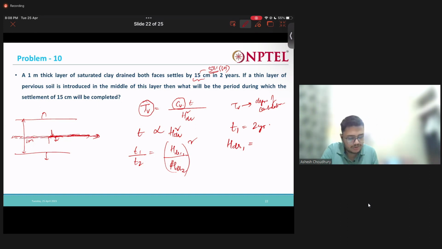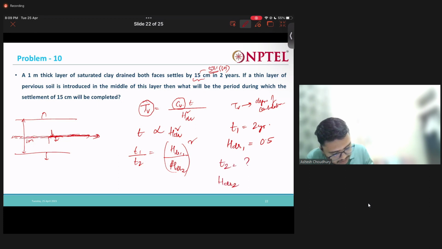So when time is equal to 2 years, my HDR is 1 by 2. And when my time is, I don't know, my HDR is how much? 0.5 by 2, I think.